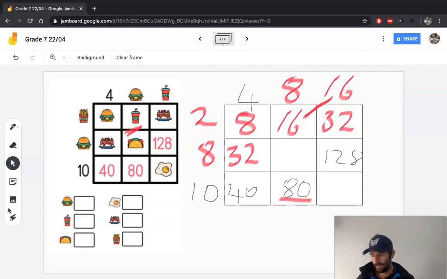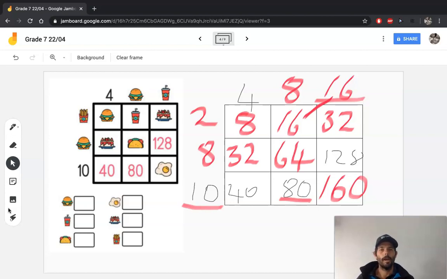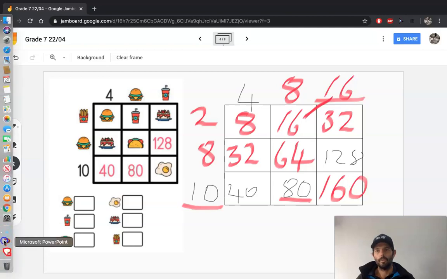Then the middle column will be 64, so the taco is 64 because 8 times 8 is 64, and the fried egg at the end is going to be 10 times 16, and that gives me 160. Sorry, that didn't line up as correctly as I'd hoped it to. But there you've got the answers in front of you. I hope you guys are getting to work through those as best as possible.